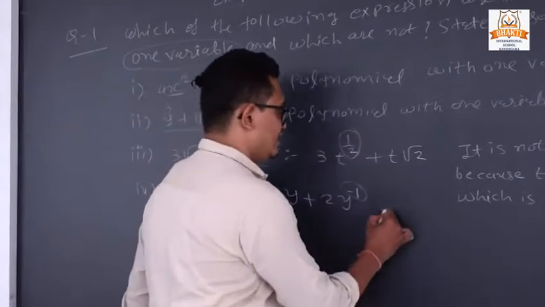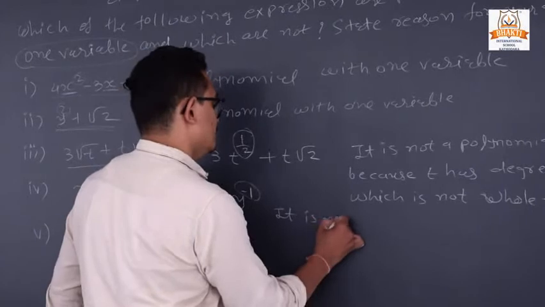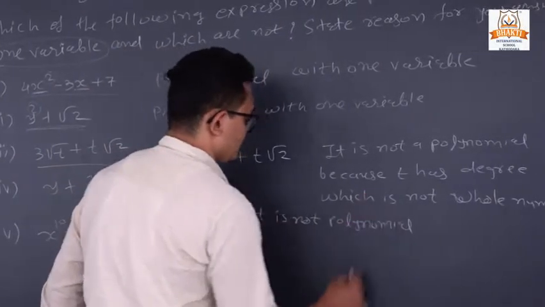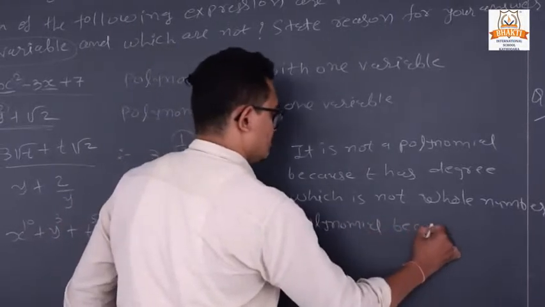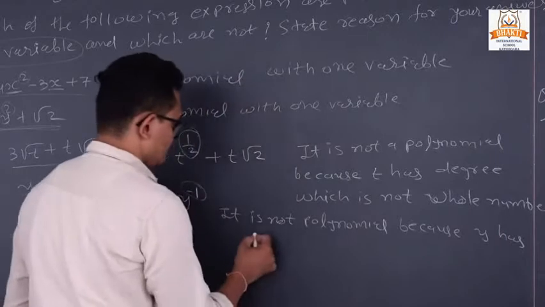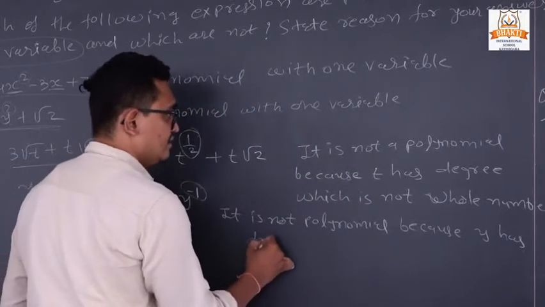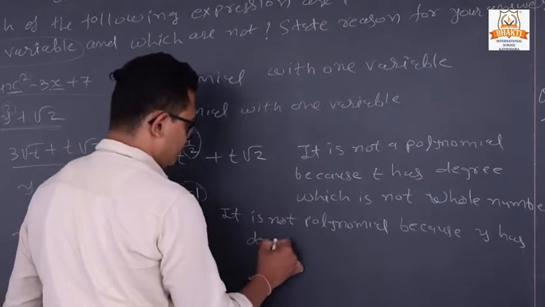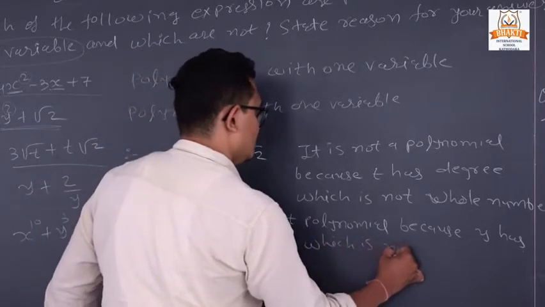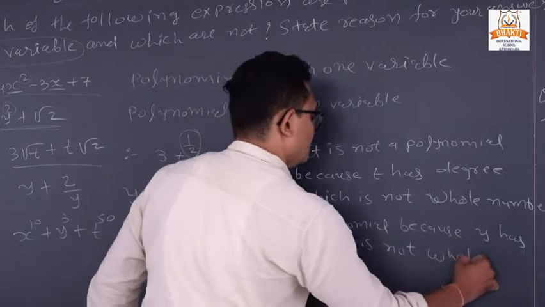So once again we write: it is not a polynomial because y has a degree which is not a whole number.